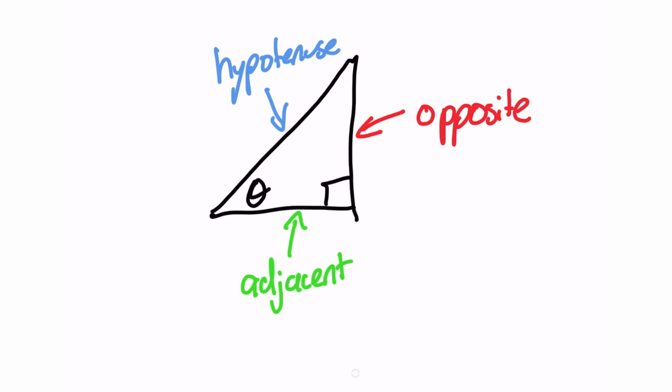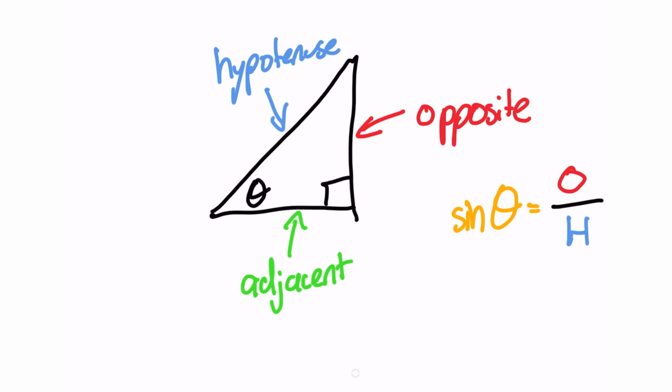So now that we've determined what sides of our triangle are what, what are sine, cos, and tan? Well, sine theta is equal to the ratio of the opposite to the hypotenuse. So what that basically means is if we took the sine of theta, that would be equal to the opposite over the hypotenuse.